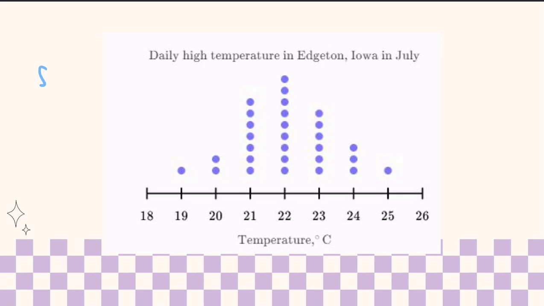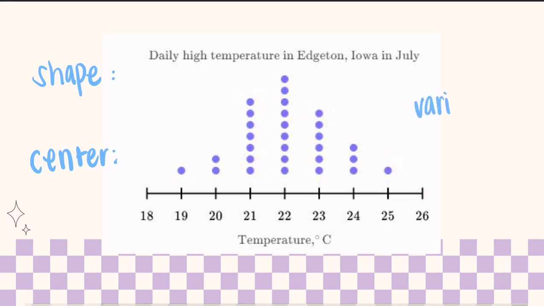This is a graph that we saw in our shape video, so I'm just going to review it and talk about the center and the variability. When we're describing a data set, either a graph or data in statistics, we talk about the shape, the center, and the variability.